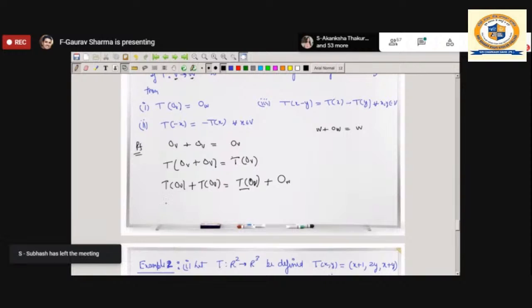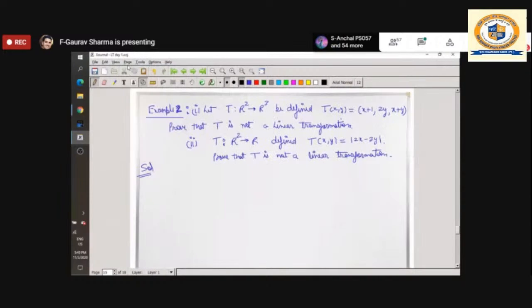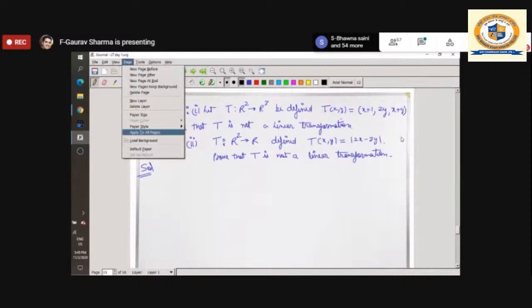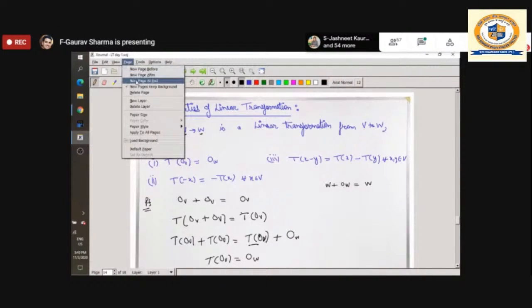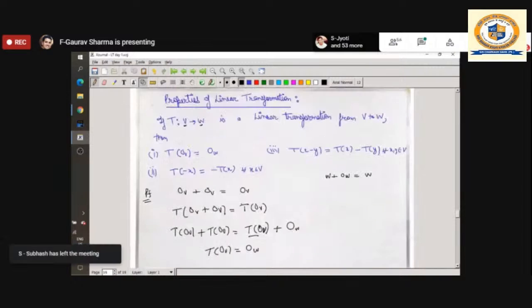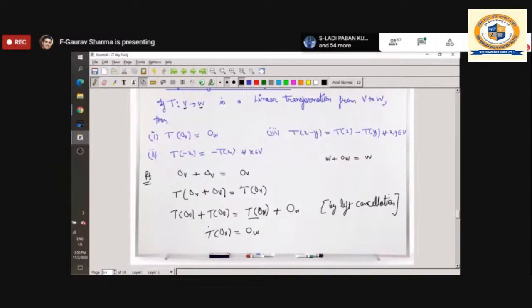So by left cancellation, I get T of 0V equals 0W. So 0 will be mapped to 0 only.